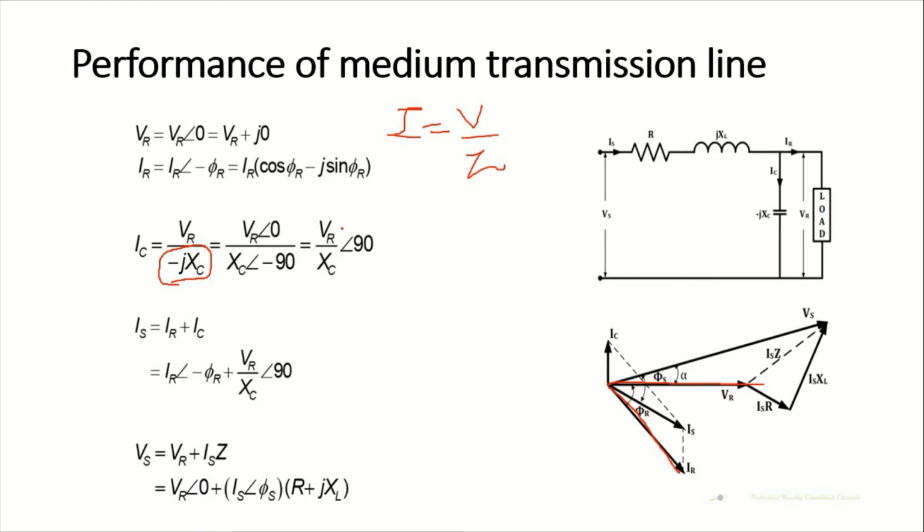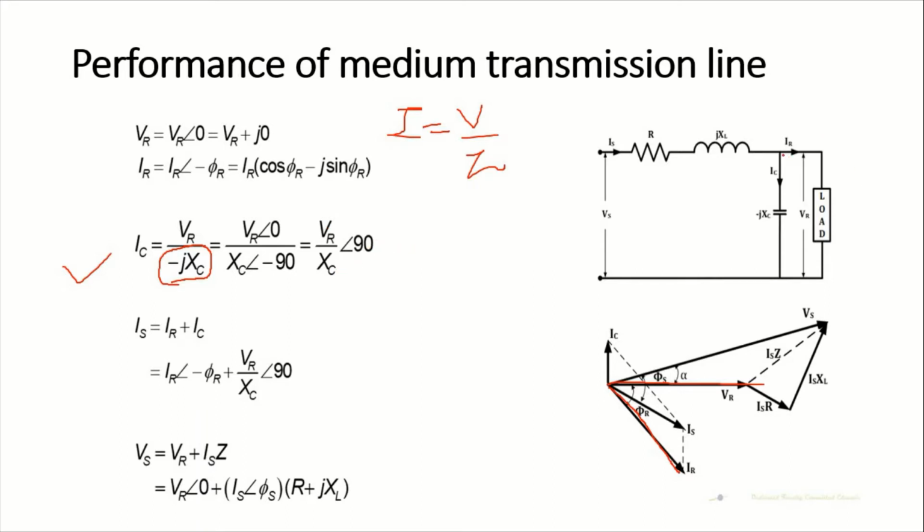Simplifying, the angle is 0 minus (minus 90), so 0 plus 90 is 90 degrees. So the value of IC we get from this equation is VR by XC angle 90.